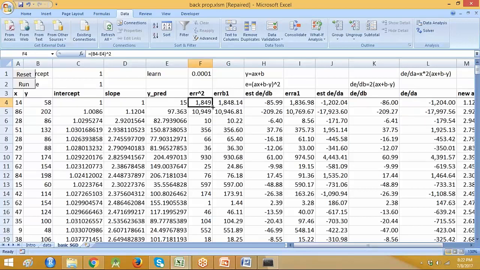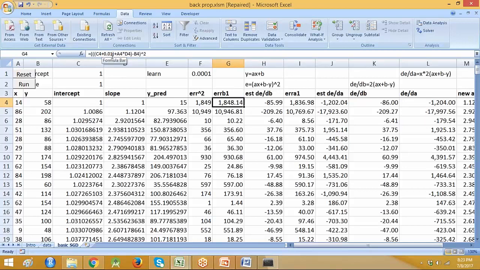Okay. So in this case, all that I have done is change the value of C4 slightly. That means I increased this intercept slightly by 0.01.